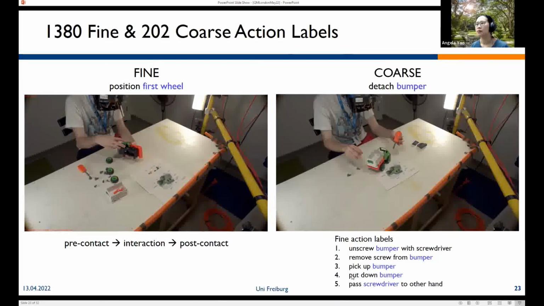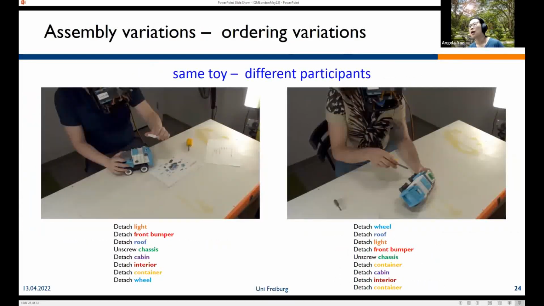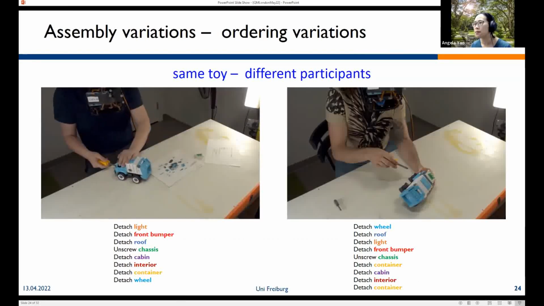To ensure that we get sufficient ordering variation between these toys, we didn't give any instructions to our participants. We just gave them a picture of the final toy, and they were free to put them together as they see fit. So we get some very nice ordering variations to study this whole sequencing problem.